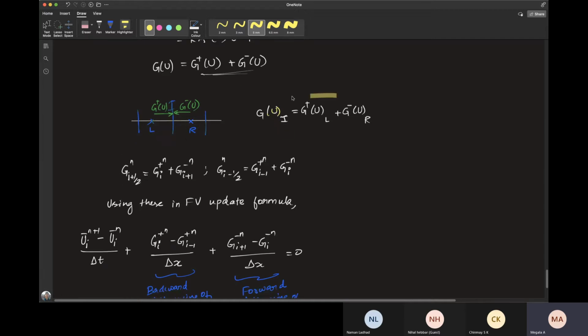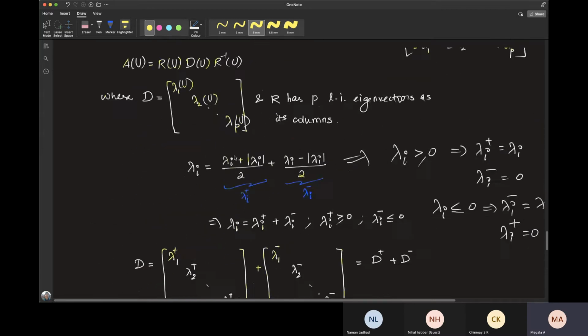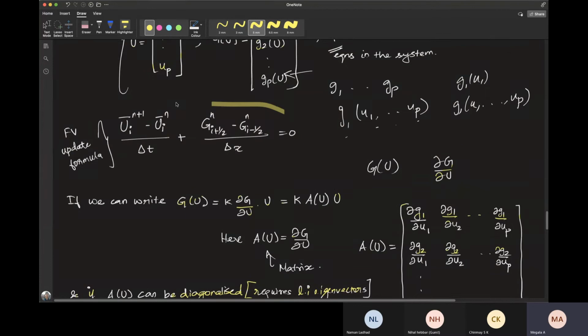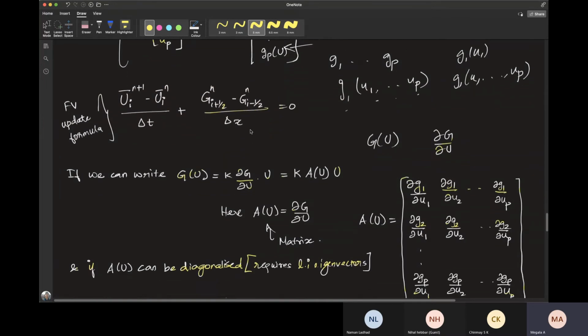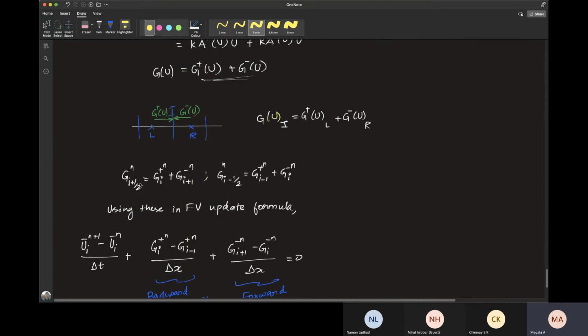Using the same argument, we can now evaluate G i plus half and G i minus half for any general finite volume. We had this finite volume update formula, right? So we have G i plus half and G i minus half, and those values can be substituted here. G i plus half will have positive contribution from i and negative contribution from i plus 1.